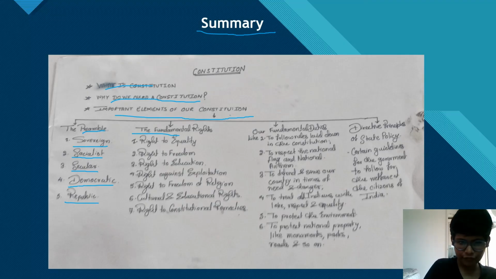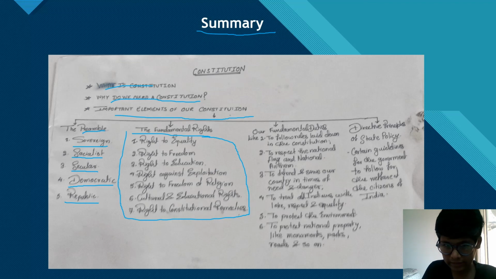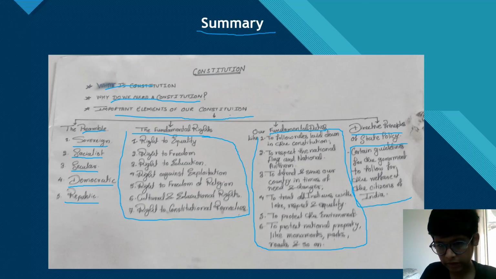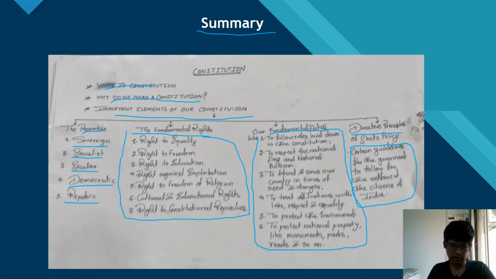And then the fundamental rights, all the fundamental rights that we learned here. Then here are the fundamental duties, and there are basically six, or maybe there might be more. I wrote only a few, otherwise it would be very long. Then there are the directive principles of state policy, and here they are. Again, I didn't write all of them, as this would take a long time.